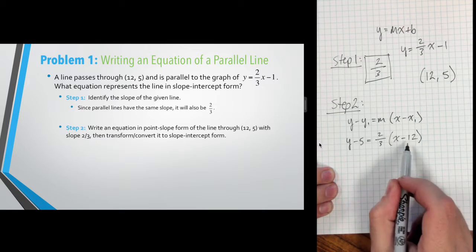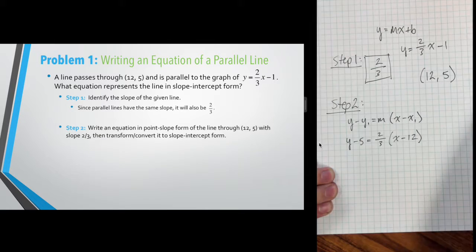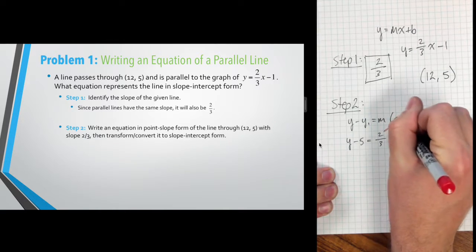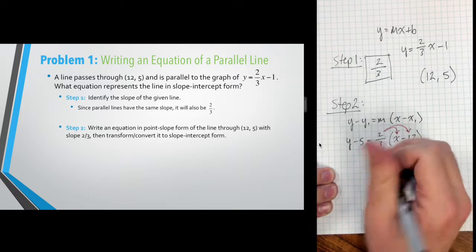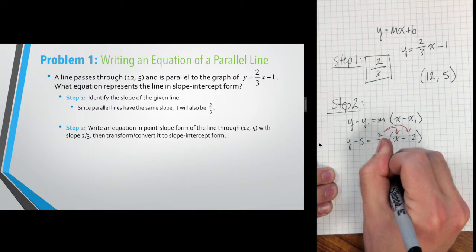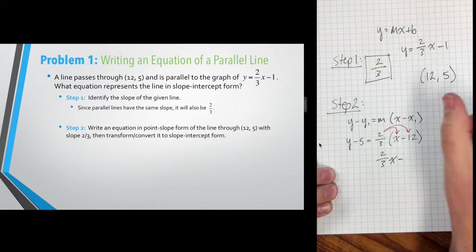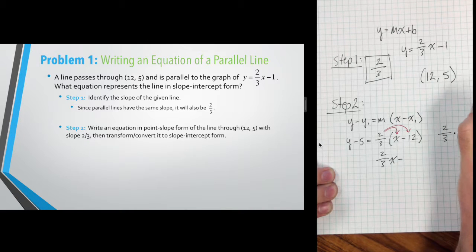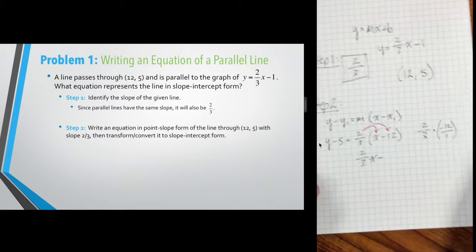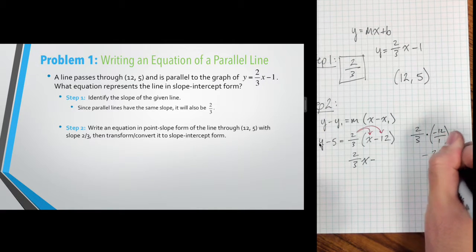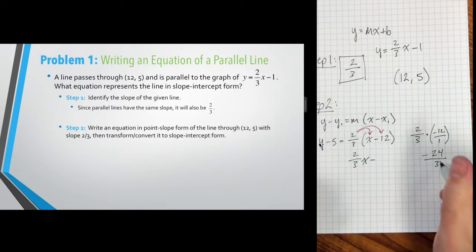You have parentheses here. So we're going to distribute 2/3 to x and -12. So 2/3 times x is 2/3 x. 2/3 times -12, or -12 over 1, we have 2 times -12, that's -24 over 3, and that reduces to -8.